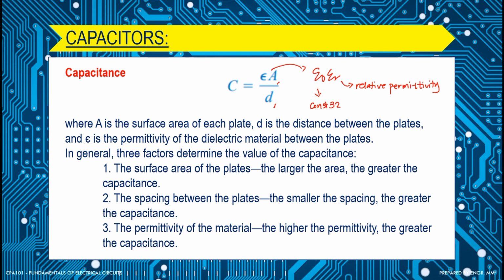So in general, we have three factors that determine the value of the capacitance. As you can see, our capacitance is directly proportional to our surface area, which means the larger the area, the greater the capacitance. And the spacing between the plates, which is D: the smaller the spacing, the greater the capacitance, since they are inversely proportional.